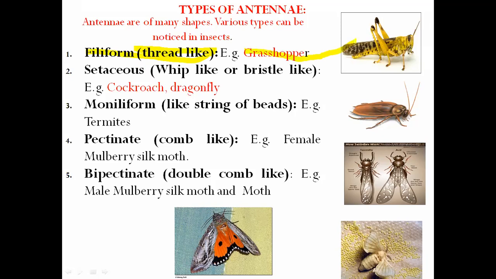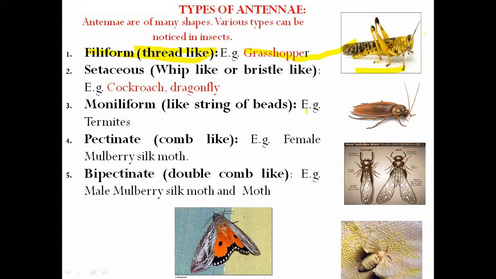This is one grasshopper. I have also mentioned the picture on the slide, so try to understand this insect antenna. This is the grasshopper. In grasshopper, the type of antenna is filiform. How?